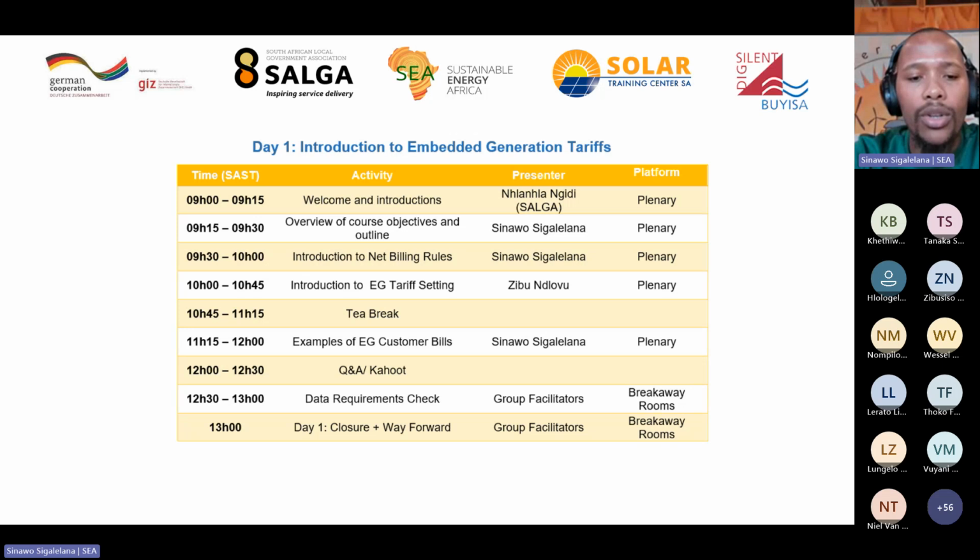session. What that session will entail, if you remember, I mentioned that there's certain data that we need. Firstly, we want to test out the breakaway rooms. We want to allocate breakaway rooms accordingly to colleagues. Once that works out, everyone knows the groups they are in.